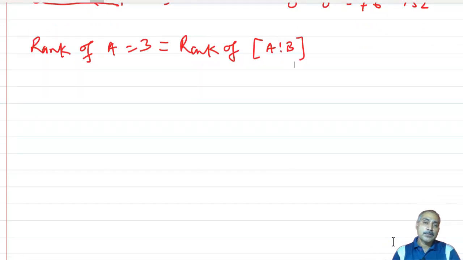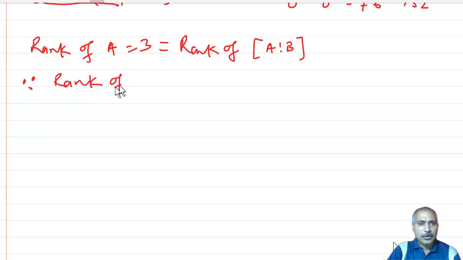Now when it comes to consistent, there are two cases, maybe a unique solution, maybe infinite solutions. When the rank of A is equal to the number of variables, then we say that there is a unique solution. Since the rank of A is equal to 3, which is equal to the number of variables.